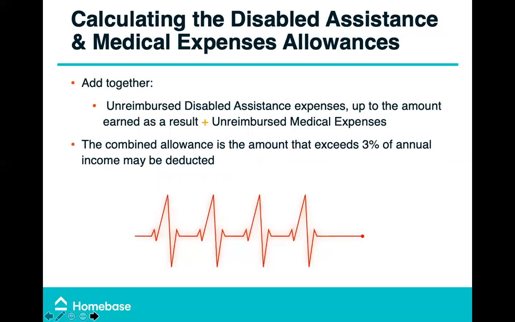And if this sum is over 3% of the household's annual income, then the amount that is over 3% is the amount to deduct for these allowances. Again, this stuff is detailed and a little bit wonky, so please do reach out to us if you have questions about these allowances.